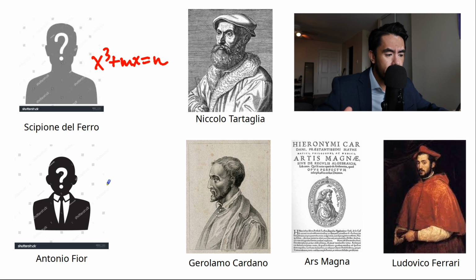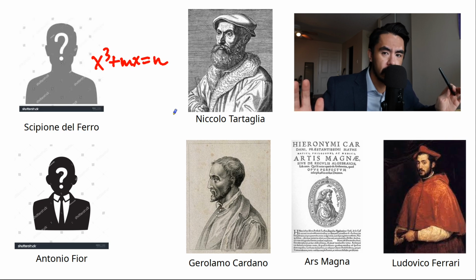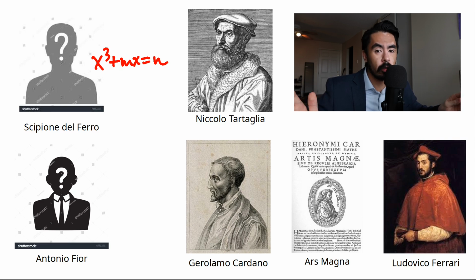So Fior, who was Del Ferro's student, challenges Tartaglia. He says, hey, let's each of us put up some money, and we're going to have a competition to see who can solve more roots of cubic equations. Whoever wins will get the entire purse. And so Tartaglia is like, all right.